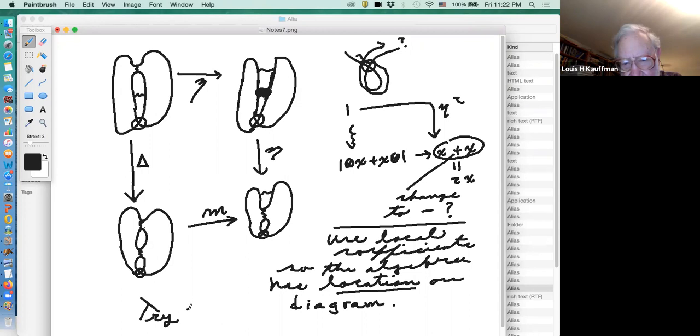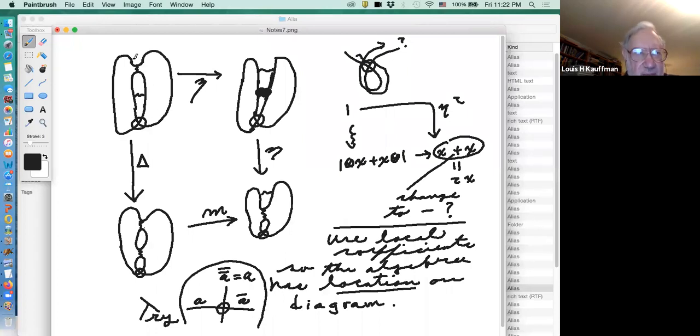I'm going to try that if I have a bit of algebra here, A, and I push it through a virtual crossing, I will change the algebra to some A bar. I won't worry about what it is, but it should be an involution, right? A bar bar should be equal to A, so that it's just a parity matter, and then it won't matter how many times it happens, or if I had something that doubled back, and so on. So that's an idea. And now let's see what that idea would look like.